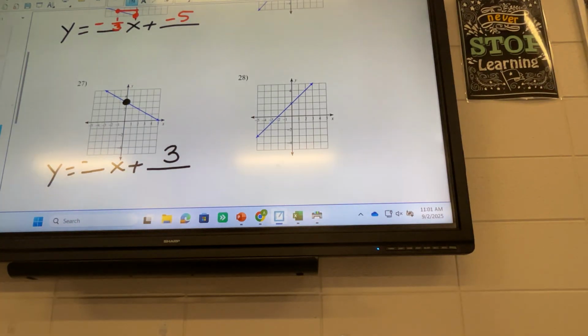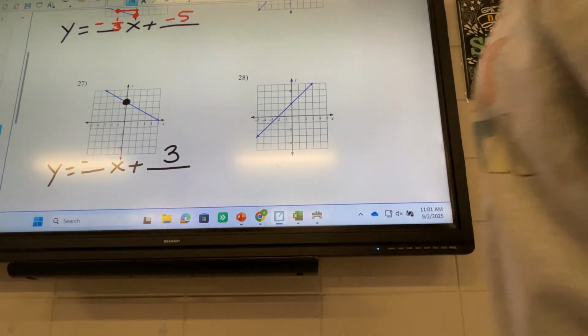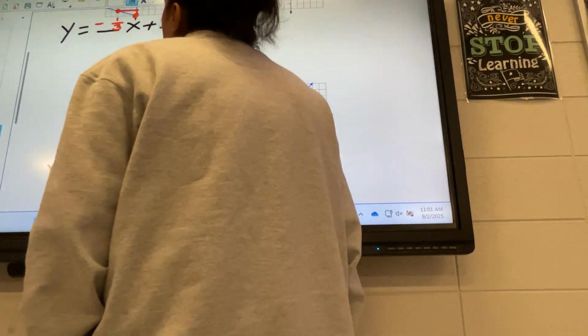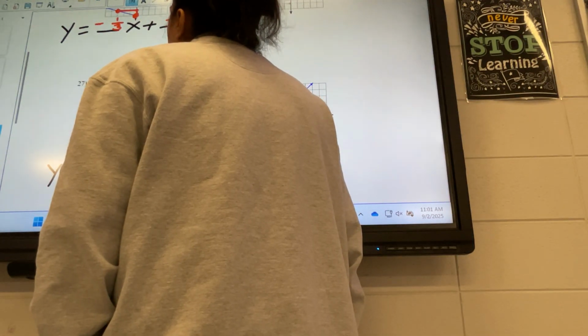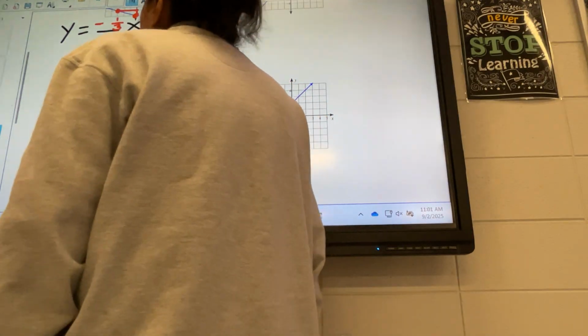Okay, you're going to find the next closest dot to the one that you already made. Find the next closest dot. This one's kind of tricky. Wait, are we going down or up? You marked the 5.